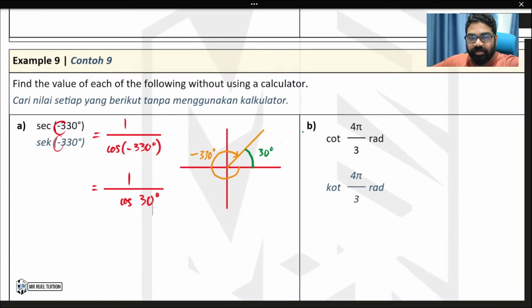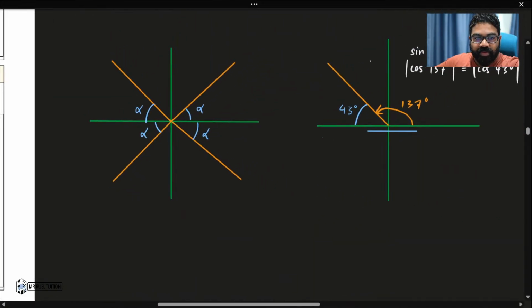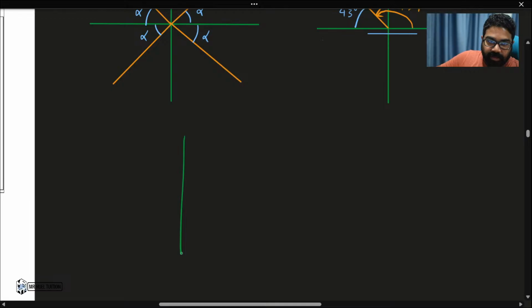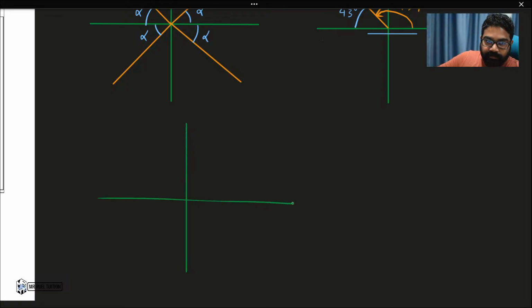Okay. Let me give you another example. Let's say we have an angle in the third quadrant. Sukuan ketiga. Let's say we have 200.